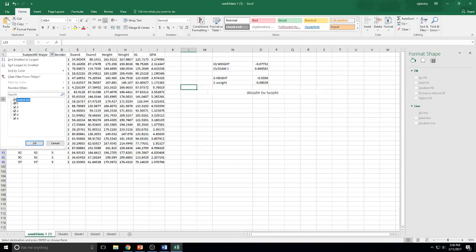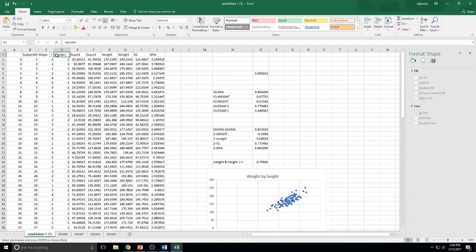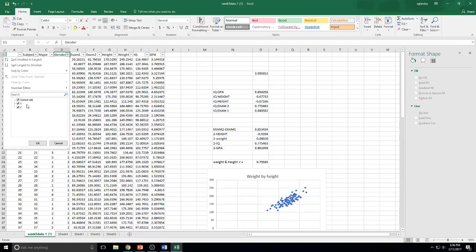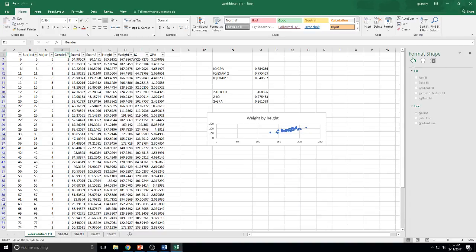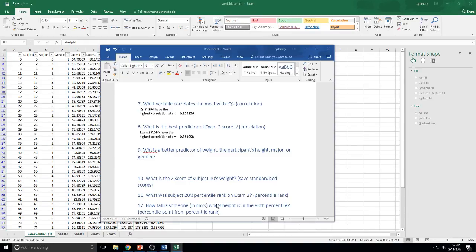All right. What about weight by gender? Filter just the ones. Weight 174. Is that what we're doing? Yeah, weight by gender.